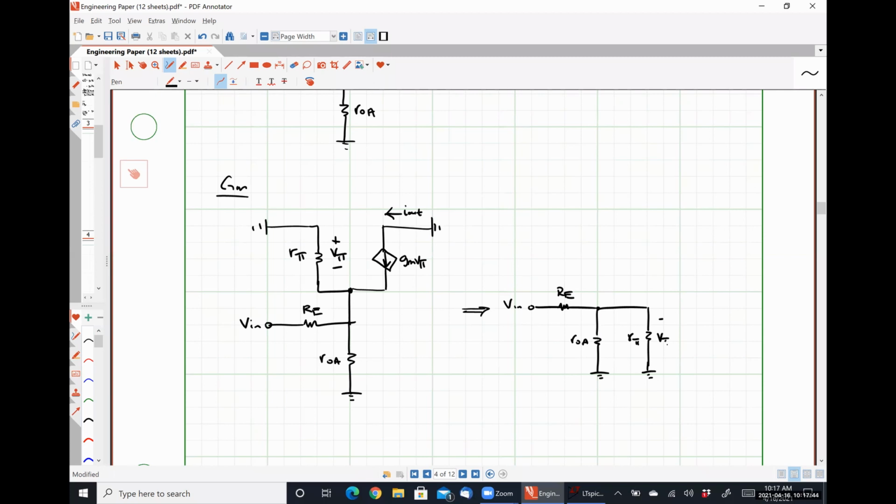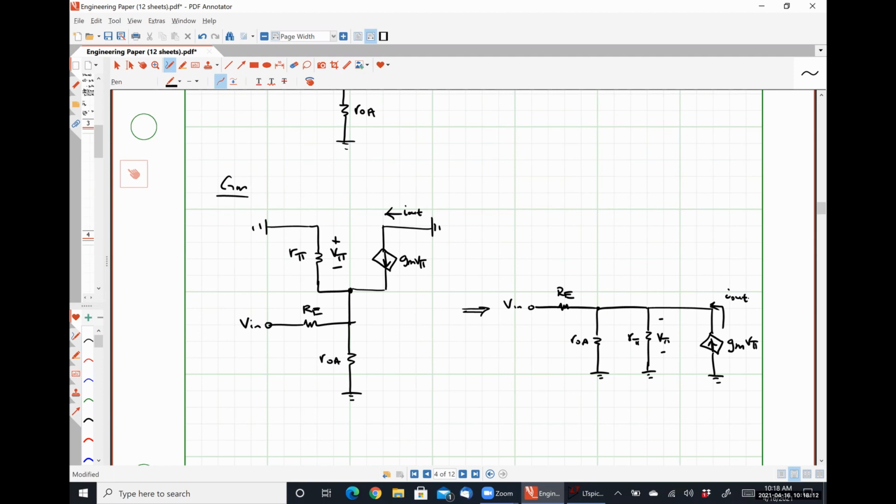So here is V pi. And then my current is flowing from ground, so this is going to be GM V pi, and this guy right here is still just I out. This is going to help me calculate V pi pretty easily.